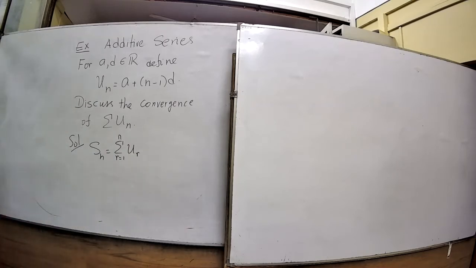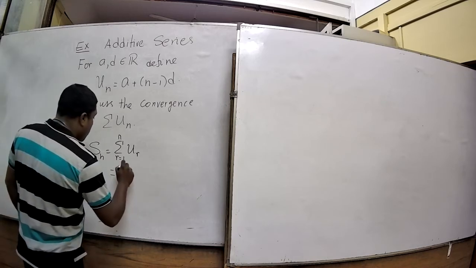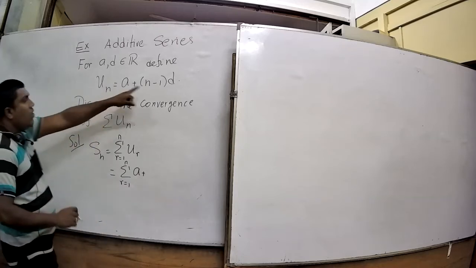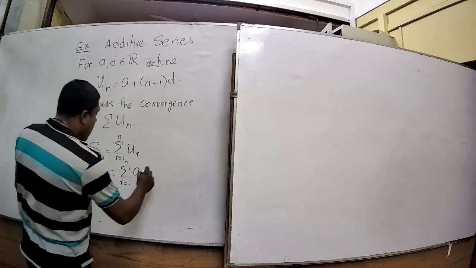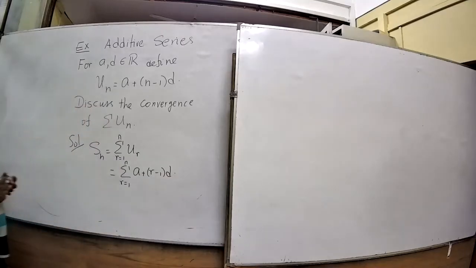So ur is what? With r running from 1 to n, it is a plus, because when you have n, you have n here, so when you have r here, it is r minus 1 times d. So you are adding up a plus r minus 1 times d for all r running from 1 to n.